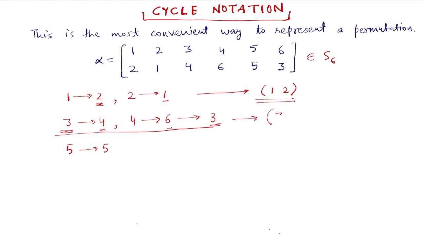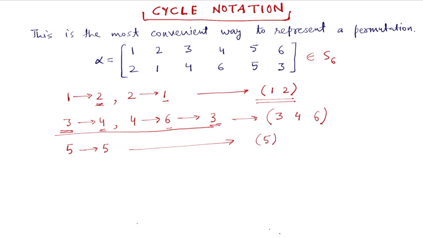We started with 3, 3 goes to 4 and 4 goes to 6 and 6 goes to 3. So we close this cycle here. And in the third cycle we have only one symbol 5 and 5 goes to 5.